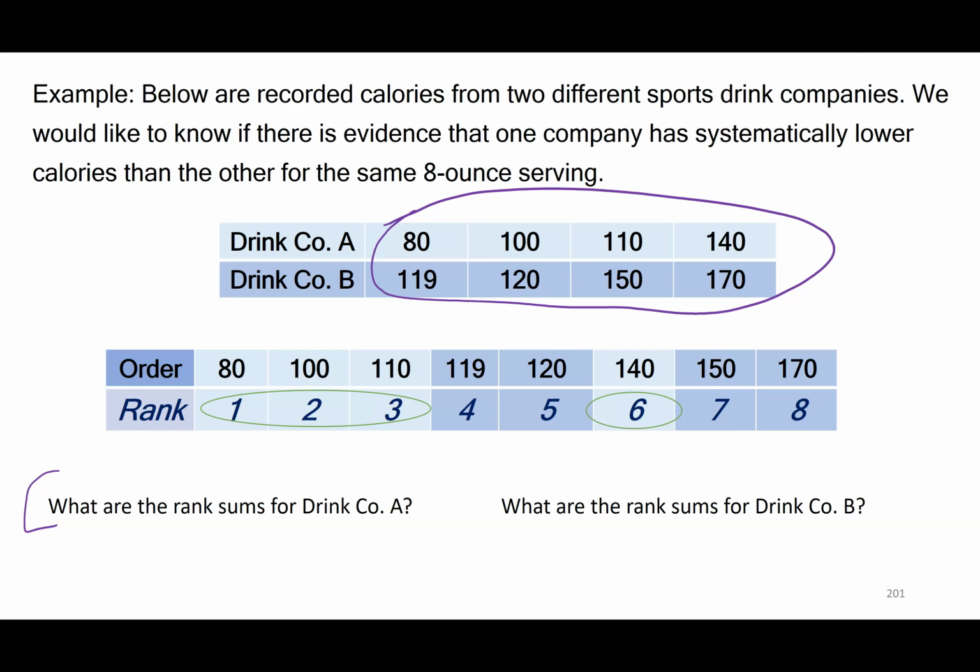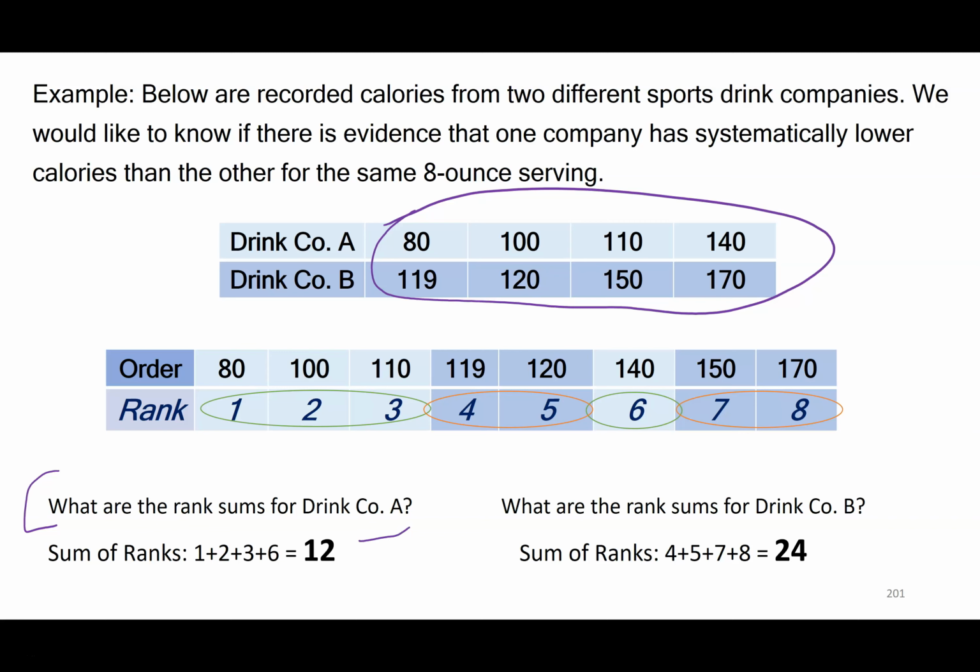So there's drink company A. So that's 1 plus 2 plus 3 plus 6. Those are the ranks associated there. So I get 12. Versus if I want to look at the rank sums for company B, it's 4, 5, 7, and 8. Add those up, I get 24.